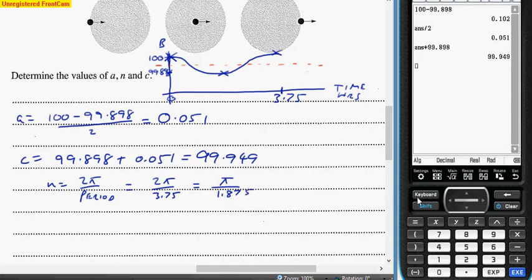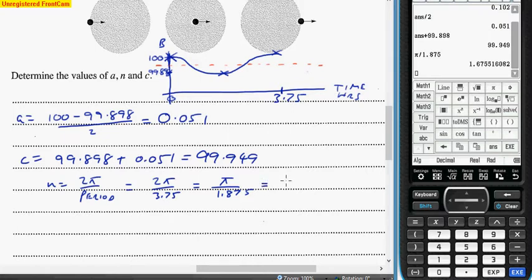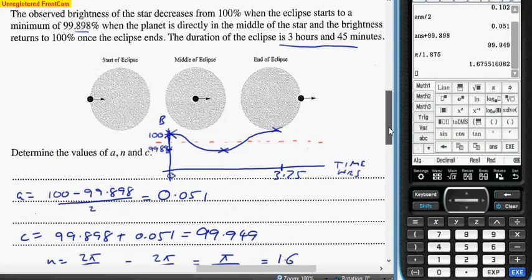If we want it as a decimal, we take pi divided by 1.875, which is that. So you can write it as pi over 1.875, or you can write it as 1.6755.